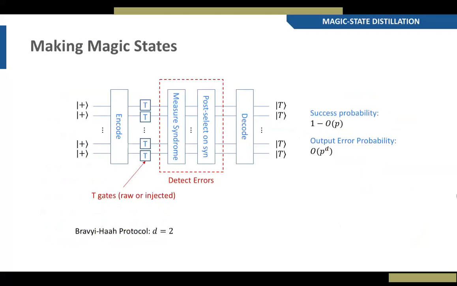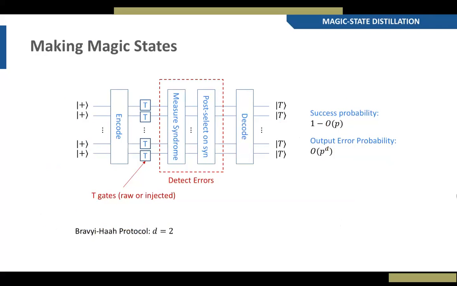The idea is very simple. One way to make magic states is code switching. What that means is you can find a special code, other than surface code, that allows for a transversal T gate. Then it's easier to implement.